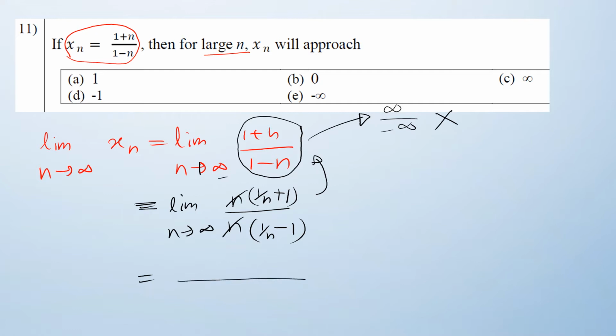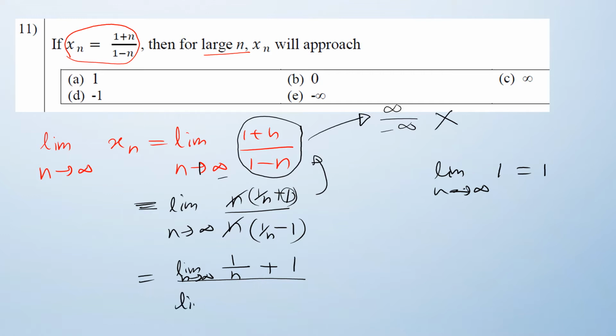So I can insert the limit as n goes to infinity for each term separately. In that case, for the numerator we have the limit as n goes to infinity of 1 over n plus the limit as n goes to infinity of 1. The limit of a constant is equal to the constant, so we have 1 again.